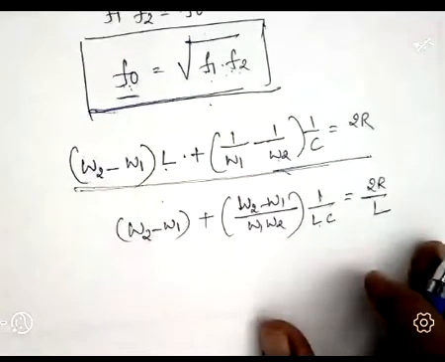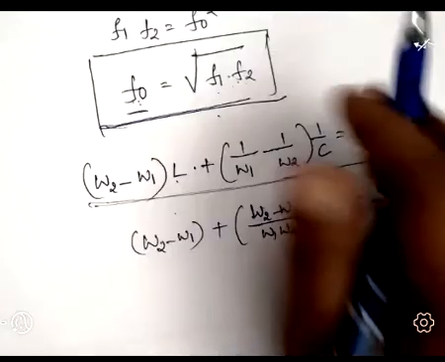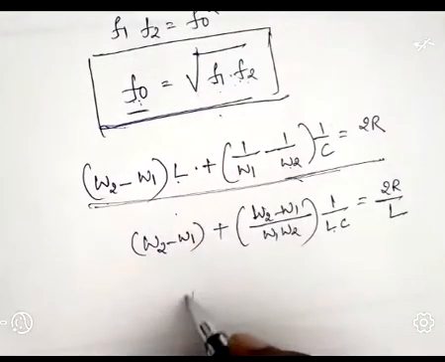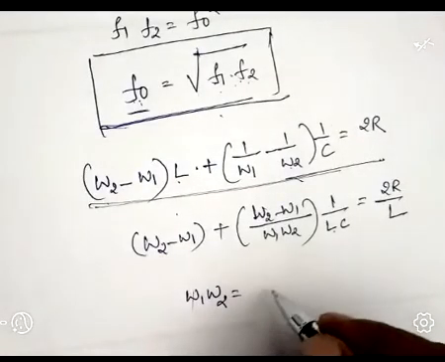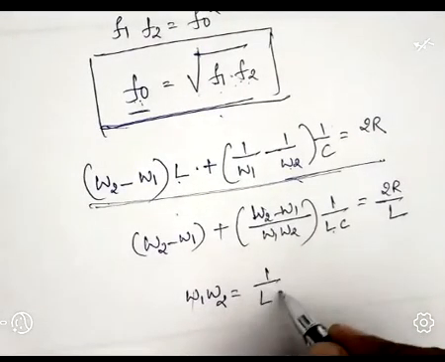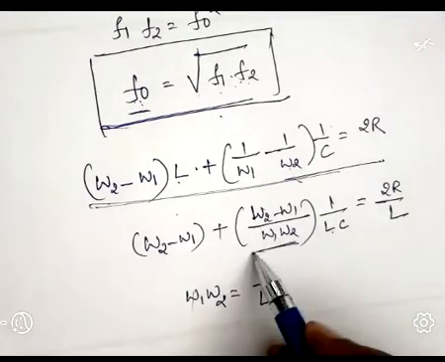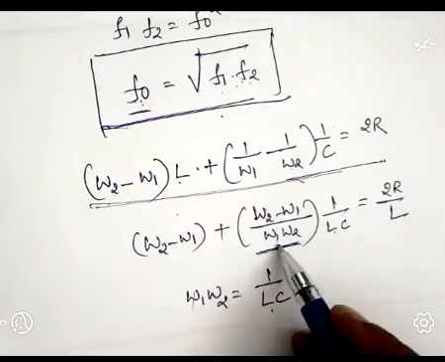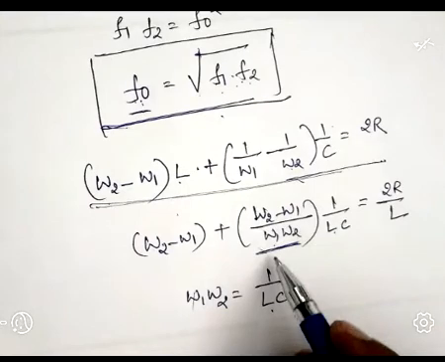But we already proved this. See here, this one you have to use: omega 1 into omega 2 is equal to what? 1 by LC, we already calculated, and let us substitute here. Omega 1 and omega 2 equal to 1 by LC. Let us substitute. What happens? This and this get cancelled.